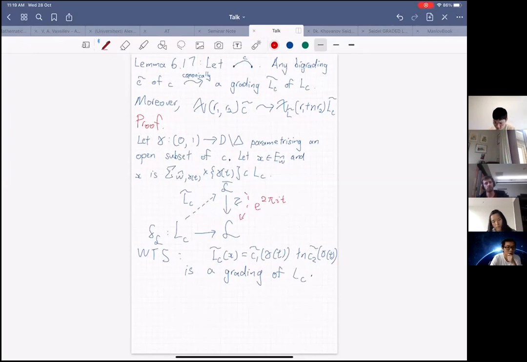So e to the 2 pi i t should commute with this delta LC. Actually, I call it delta LC here. When restricting to each fiber, that covering is a universal covering corresponding to the R over S1 covering. Since this map e to the power 2 pi i t doesn't make sense otherwise, I think I get what you mean.